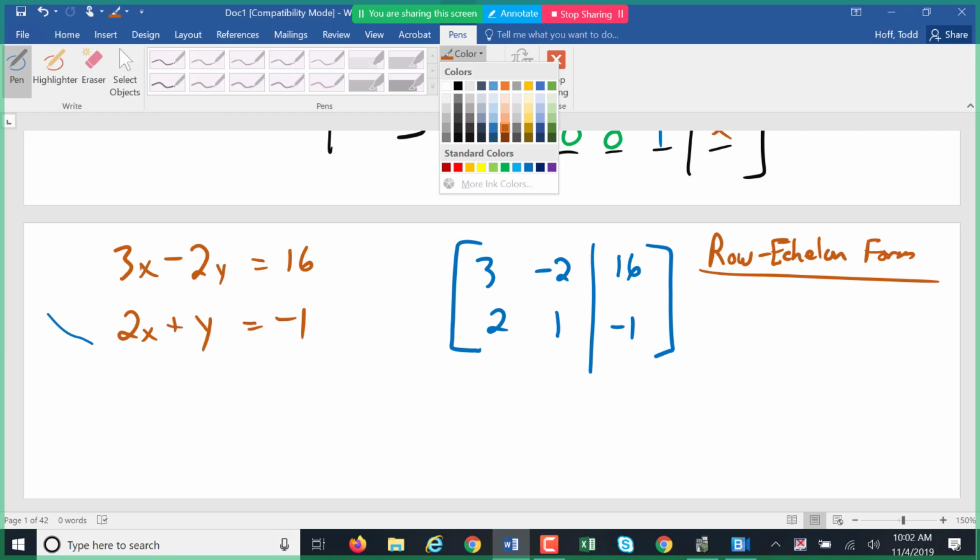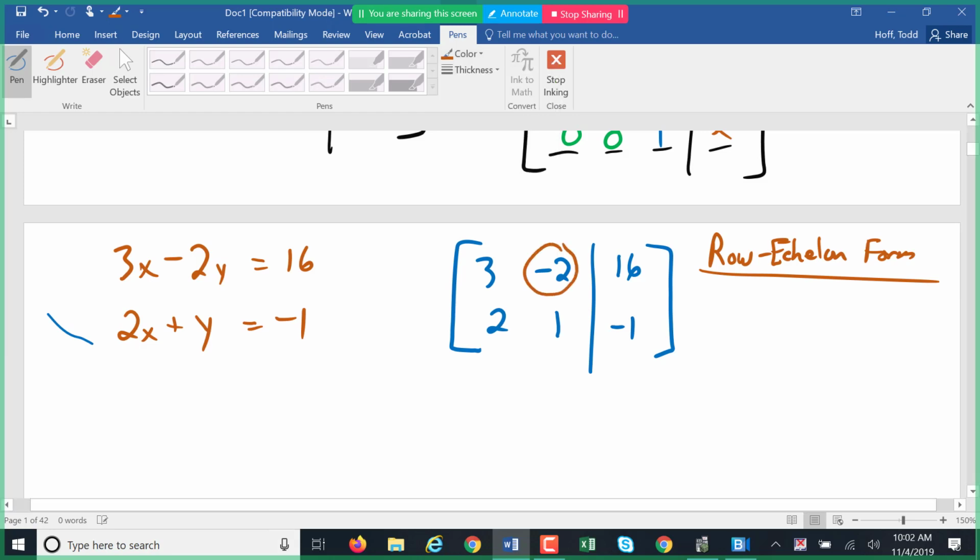Now we actually did this kind of haphazardly as we were showing the row operations that are allowed. We actually had turned this into a 0, which isn't necessarily what we want to do, but it doesn't hurt. So anyway, let's go ahead. We want to turn this into a 0 and we want to turn this into a 1.